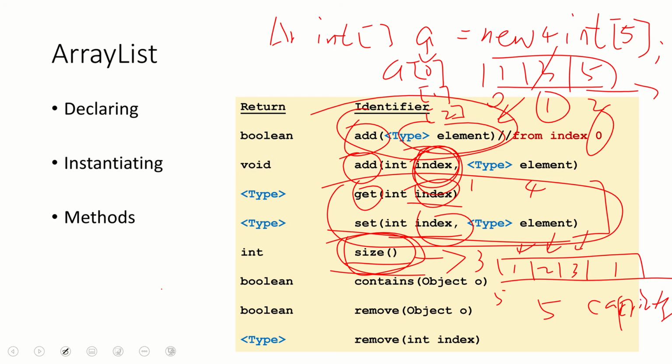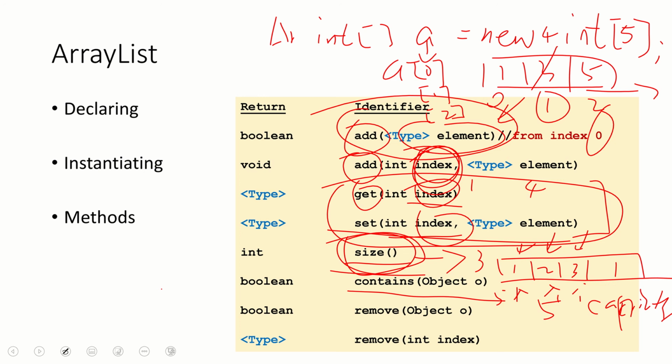Another one is contains. Contains means if you want to insert a value into there, you need to be sure, so you search for this one and determine whether it exists in your array list or not.